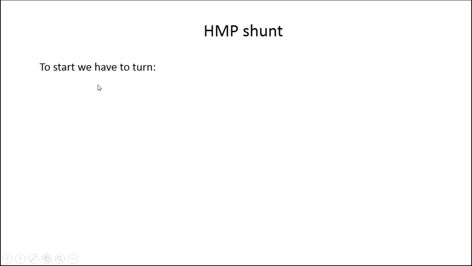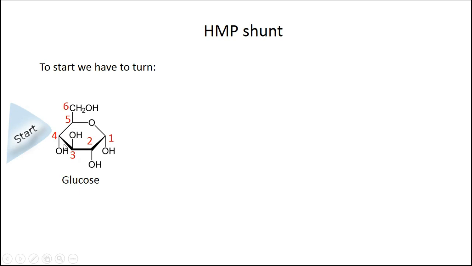So now we have to start with glucose, and we are going to oxidize this glucose, but we said that the first reaction is similar, and we are going to use glucokinase, which is going to act on glucose and add a phosphate group on the 6th carbon.